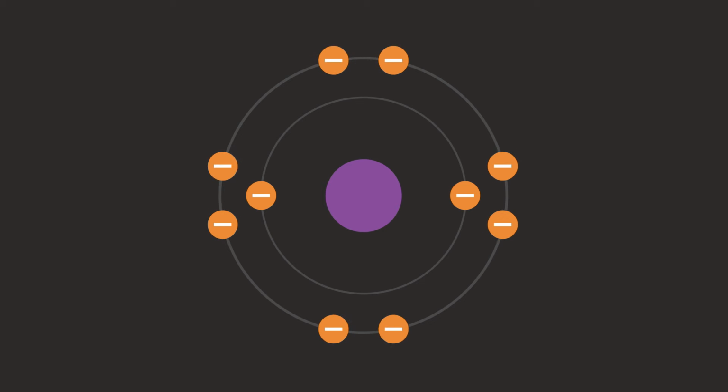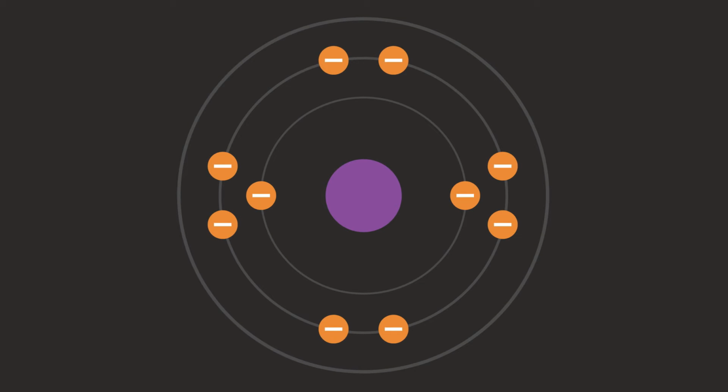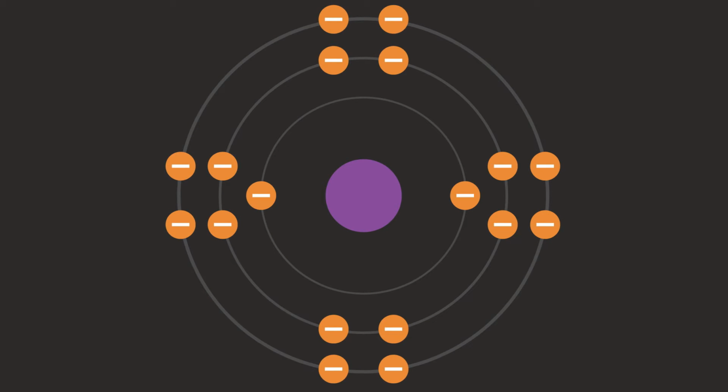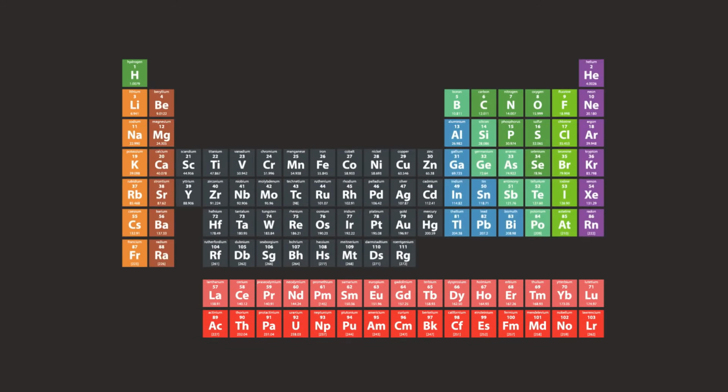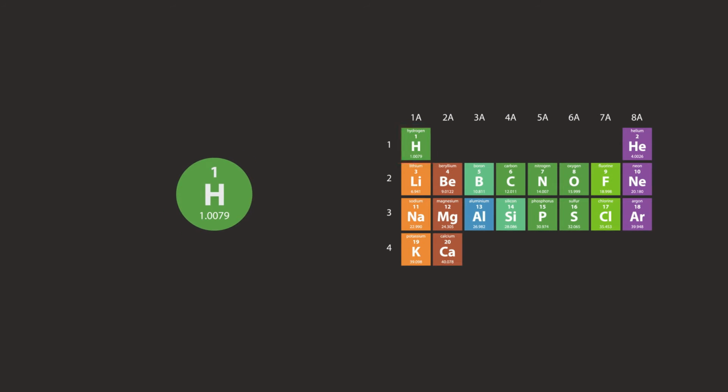The second shell can hold up to 8 electrons. The third shell can initially hold 8 electrons, though later on they can hold up to 10 more, giving us the transition elements. In a hydrogen atom, its 1 electron is occupied in the first shell, which is the only shell in its atom.